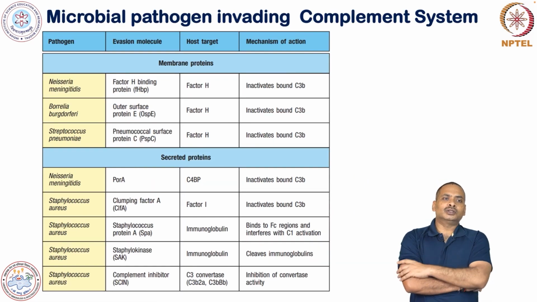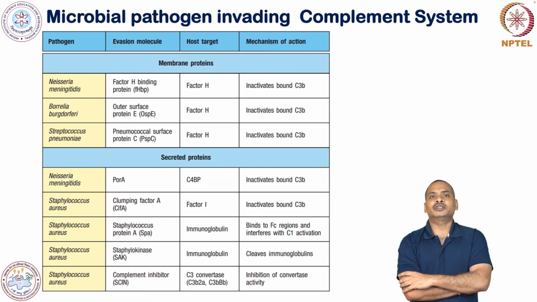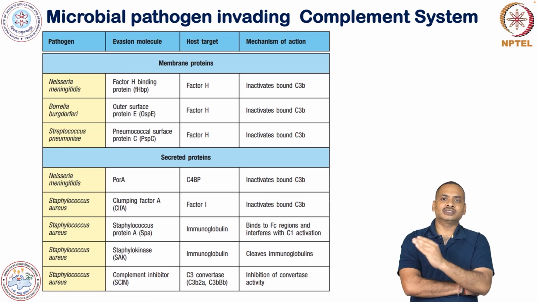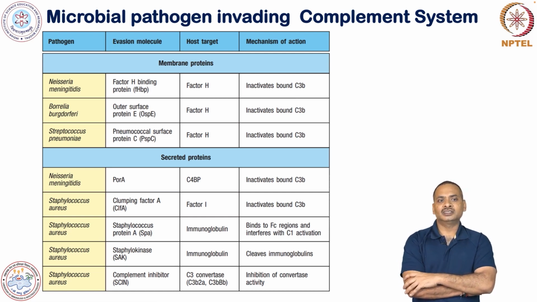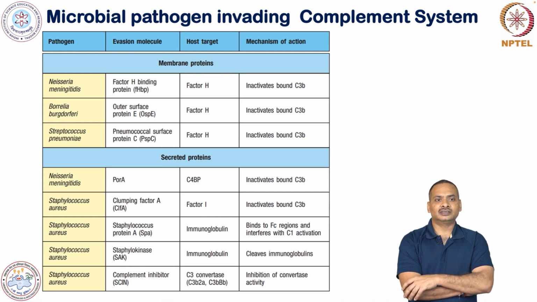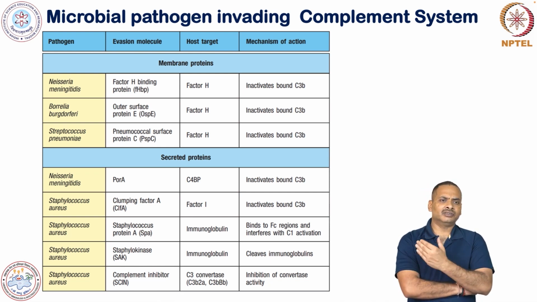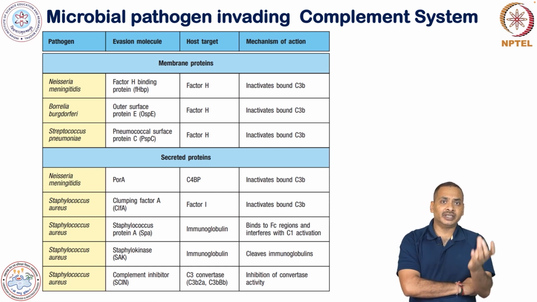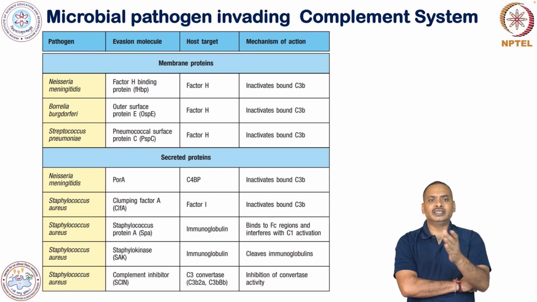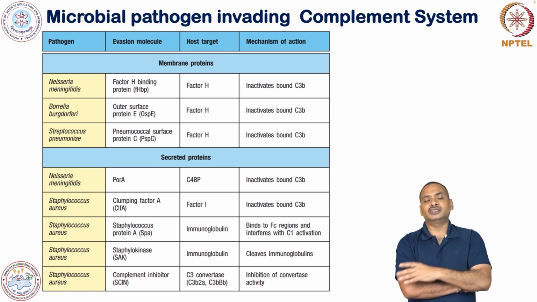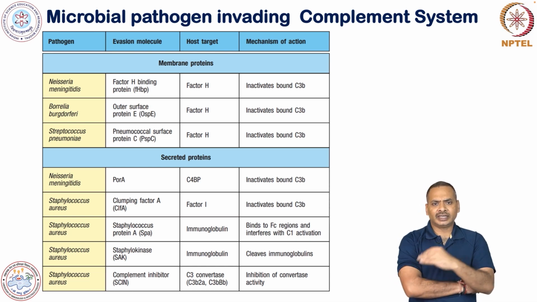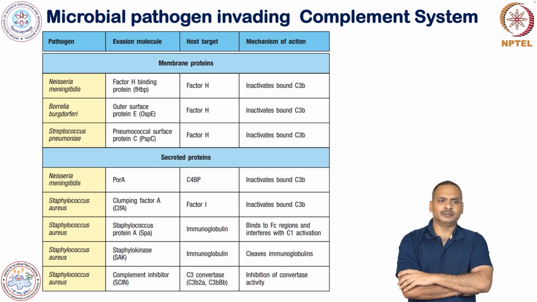Now I will talk about some microbial pathogens which evade the complement system. Here you can see Neisseria meningitidis. It makes an evasion molecule, the factor H binding protein, which interacts with factor H and inactivates bound C3b.